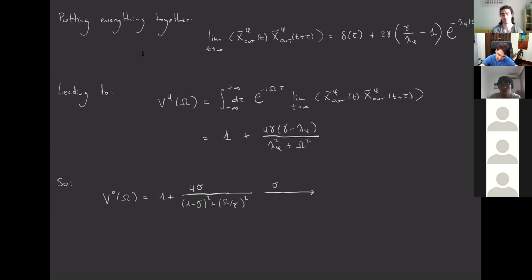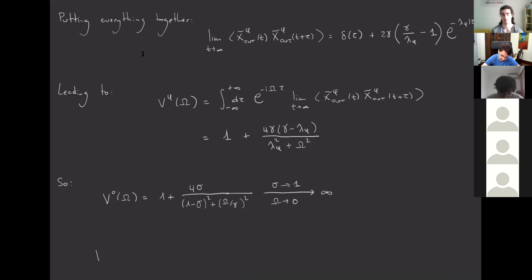And then you see in this expression that when sigma goes to 1 and omega goes to 0, we again get infinite fluctuations, okay? So for 0 frequency, we get infinite fluctuations. Just like inside the cavity, in the stationary limit, we were getting infinite fluctuations in the position quadrature.